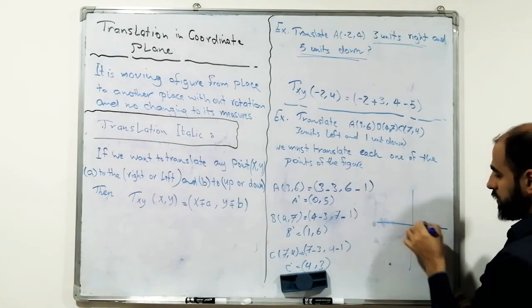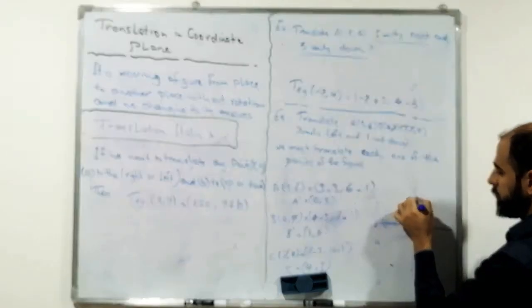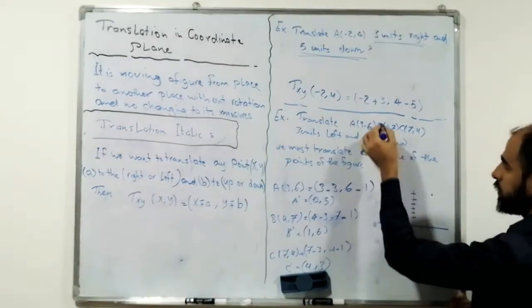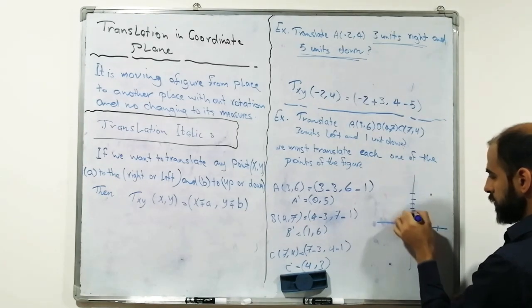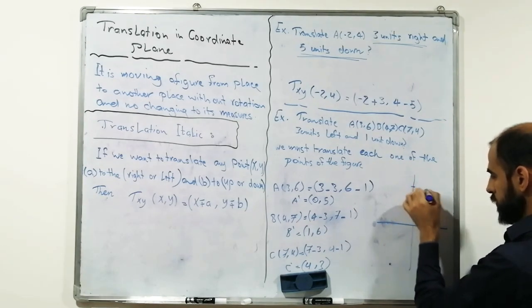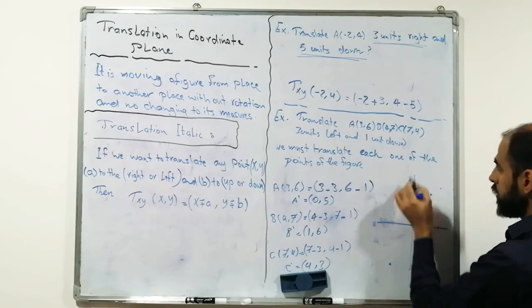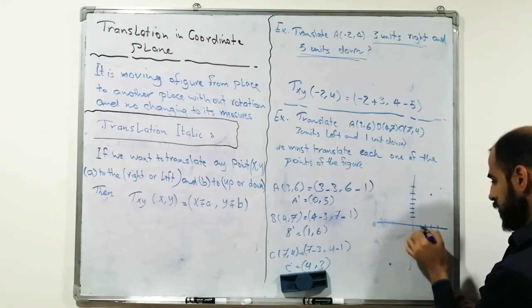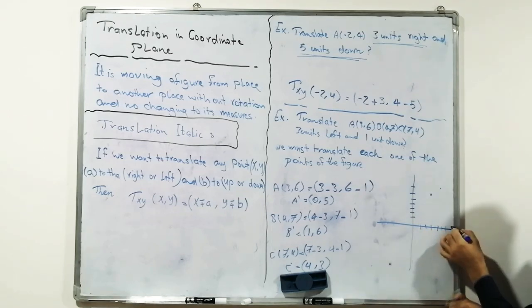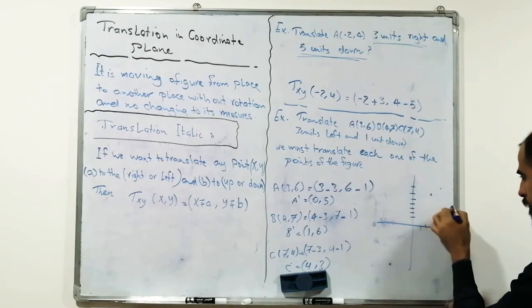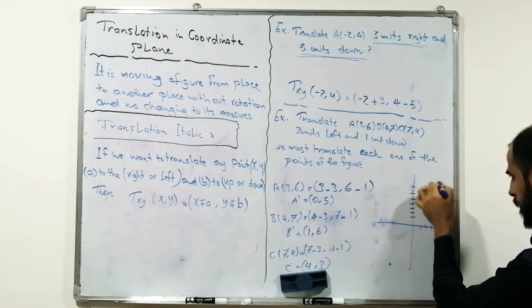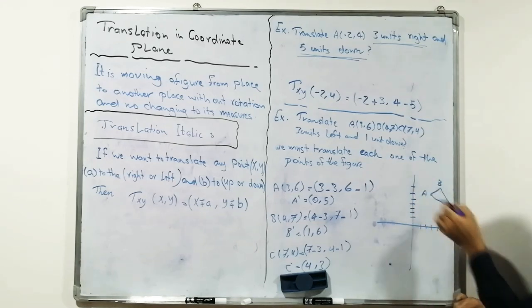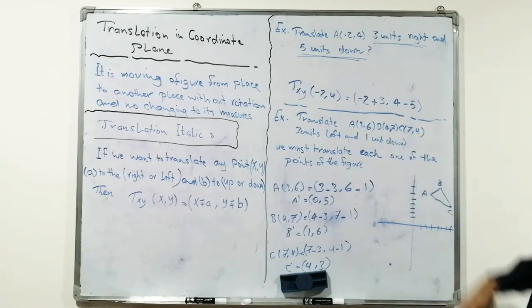3 with 6. Now 4, 7. And 7 with 4. This is the triangle.